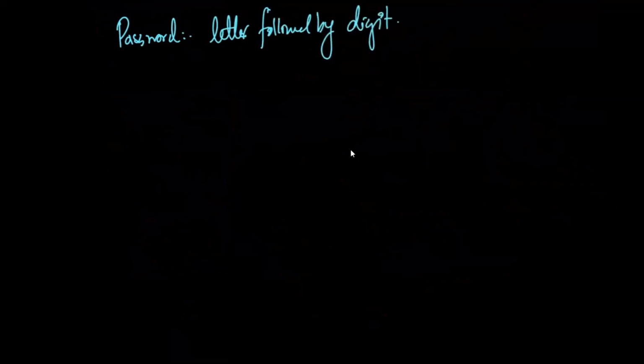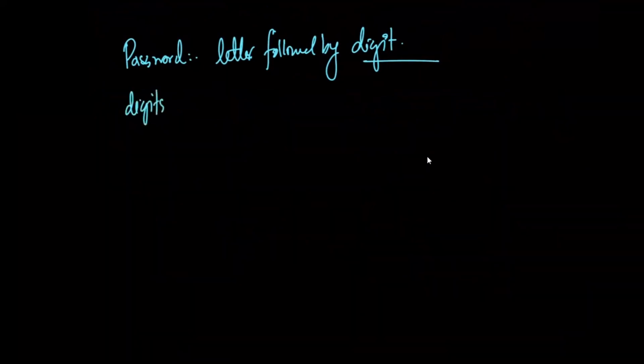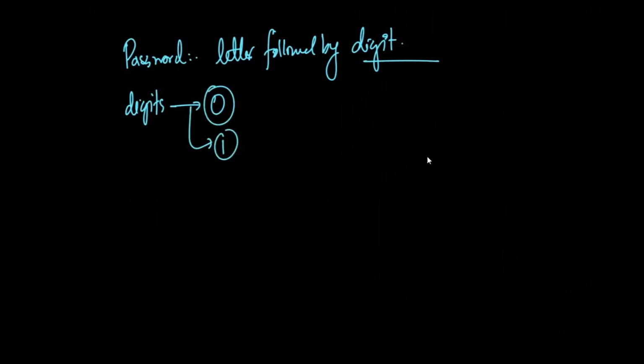How can you define this using Backus-Naur form? It's pretty simple. Let's say you've got the following syntax diagram for digits once again: 0, then 1, then 2. These are the only digits.